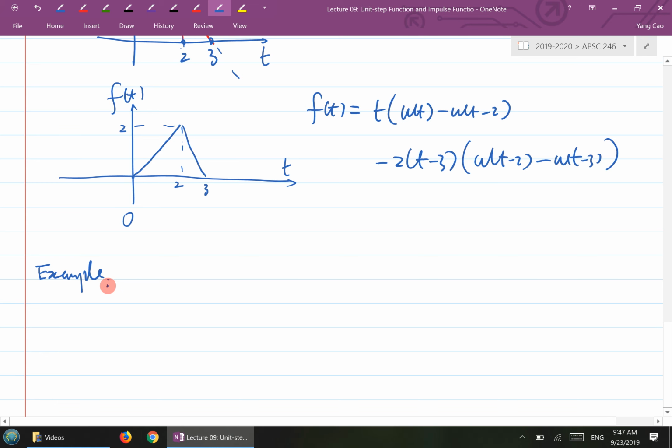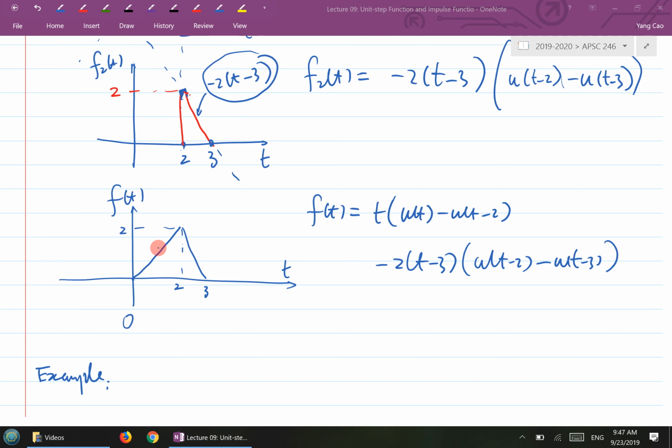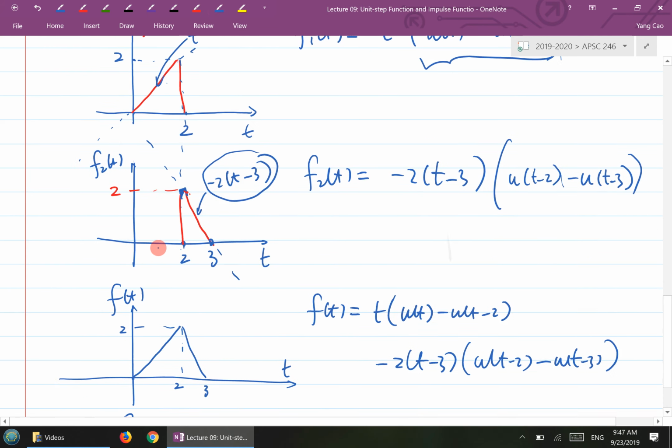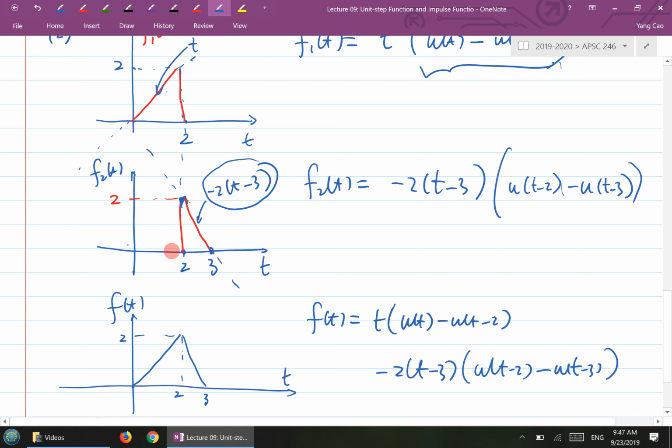Yes? This graph? Oh, this graph? Yeah. Basically, you have a curve f2 of t that is 0, 0, 0, and then goes up to 2, and then drops down to 0 again at t equal to 3. So this portion is a straight line, which is basically part of this straight line here. If I want to express f2 of t, I just need a cookie cutter right here.